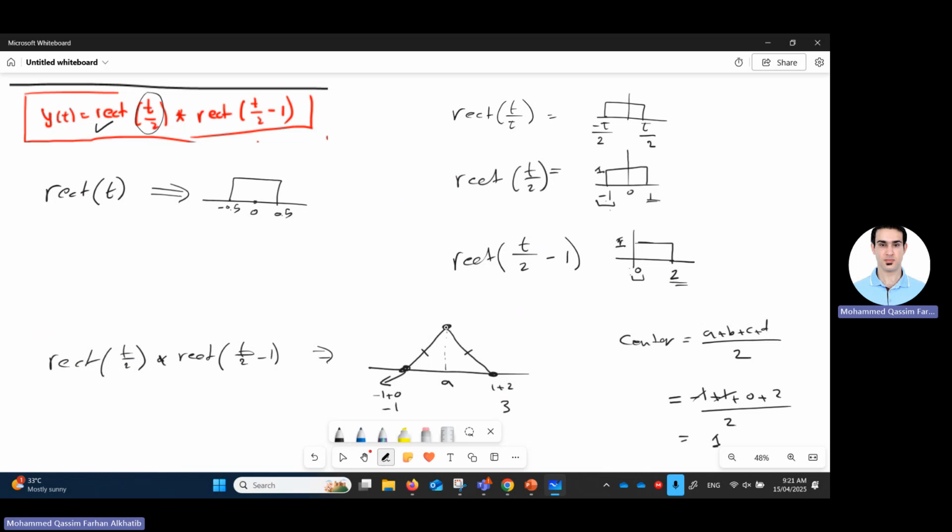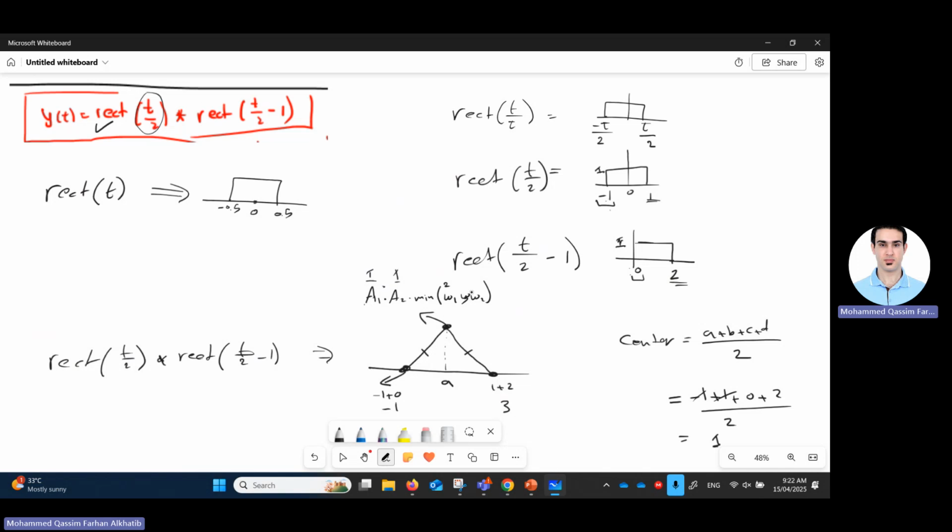Now the amplitude here, how much is the value there? The expression was A1 times A2 times the minimum of W1 and W2, the minimum between the widths of the two functions. So what was the amplitude of the first rectangle? 1, times the amplitude of the second rectangle, 1. What was the first width? From negative 1 to 1, that is 2.